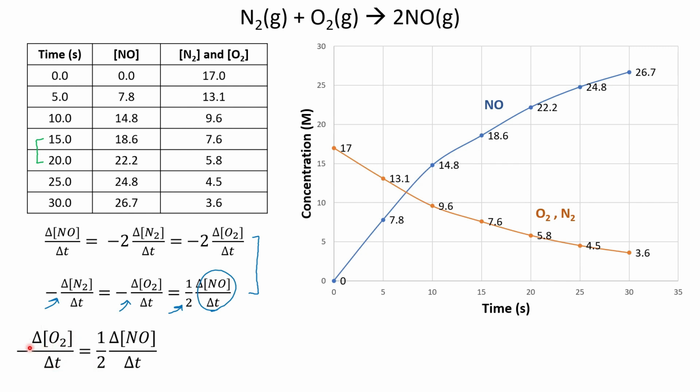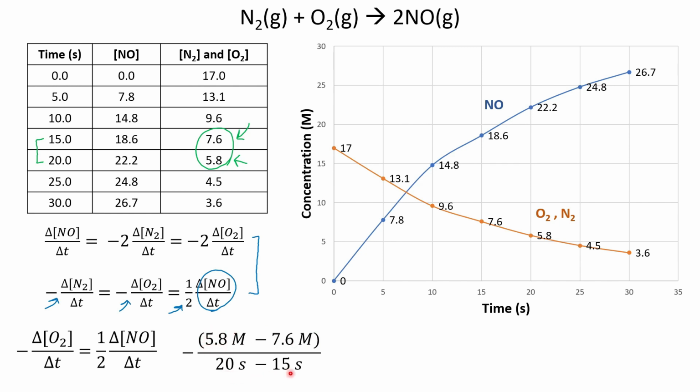So for oxygen, for your delta O2, remember when you have delta, this is going to be your final concentration minus your initial concentration. So for oxygen up here, I'm going to put my final concentration in first, then I'm going to put in my initial concentration. Here are my numbers. Again, you'll notice my 5.8 goes in first.